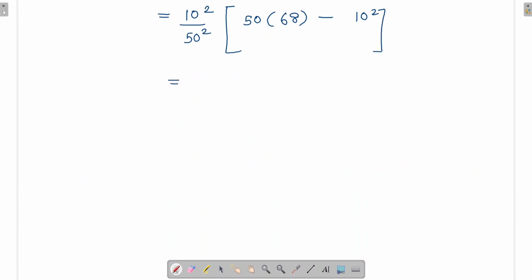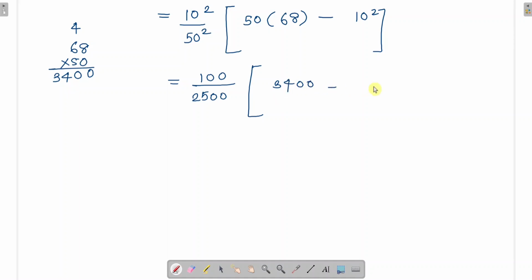Right? So this is equal to 10 square is 100, 50 square is 2500 into, now let us find out 68 times 50, which is 3400, minus 10 square is 100. Now these two zeros will get cancelled, we will get 1 by 25 into 3300.